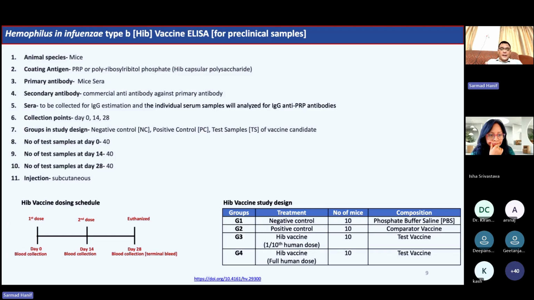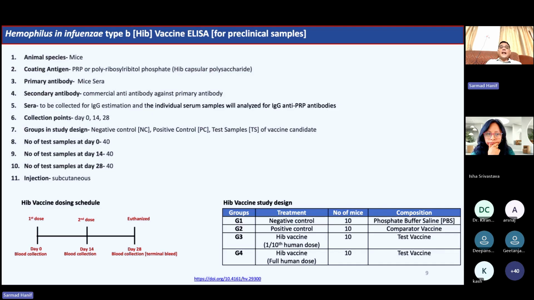I think it's better. And then at day 28, once you have given two doses to the same animal, and this will be repeated for so many other animals having different doses, but don't go on that, just consider one animal at a time. Then you euthanize it, in the sense it's a terminal bleed. At day 28, you are not giving any dose. You do the terminal bleed.